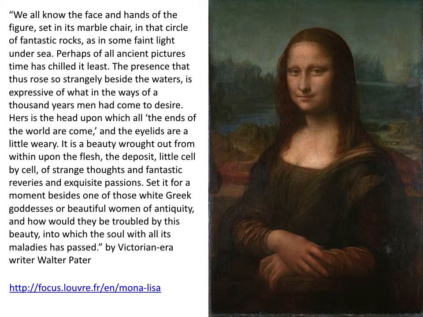The hands as well are included. The hands often weren't included as they were very difficult to render. And there's also a smile, or at least a little hint of a smile included. This is also a unique aspect as there were very few smiles in Renaissance portraits.